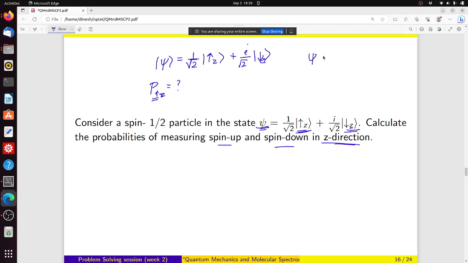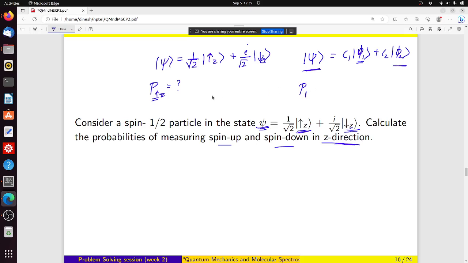Some function is given, c1 phi1 plus c2 phi2, and phi1 and phi2 form a complete set. That means you can express any wave function in terms of phi1 and phi2. So what will be the probability of finding phi1?